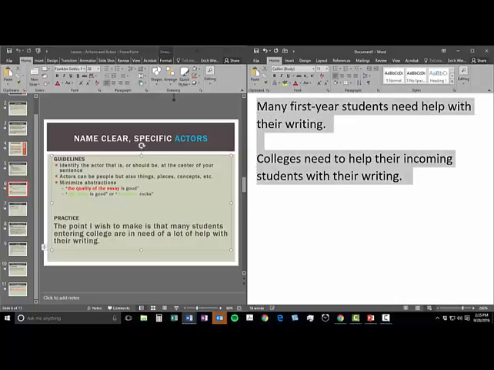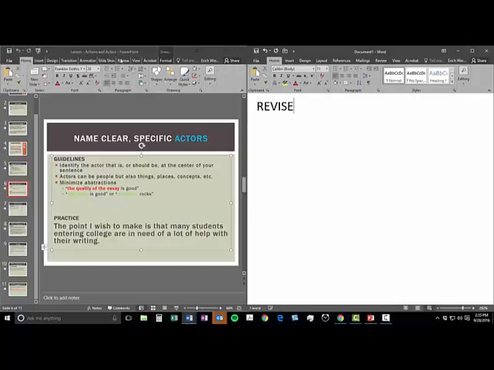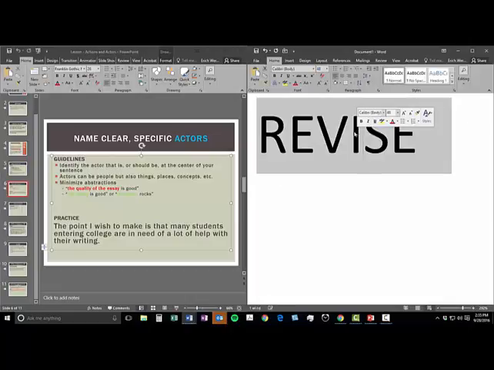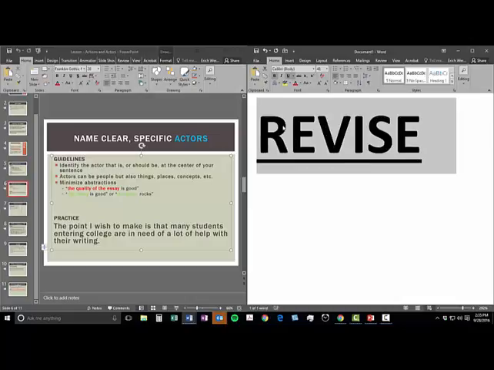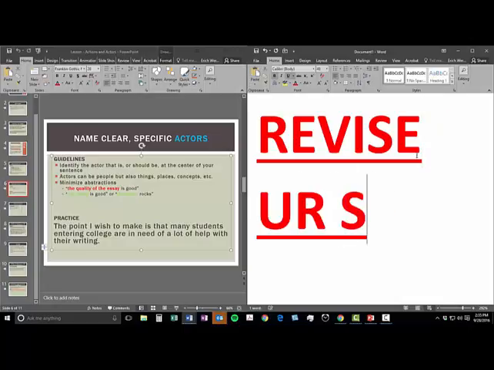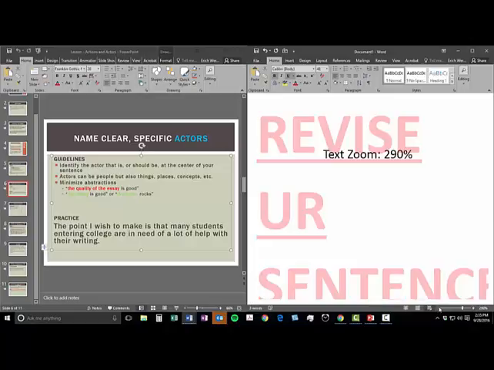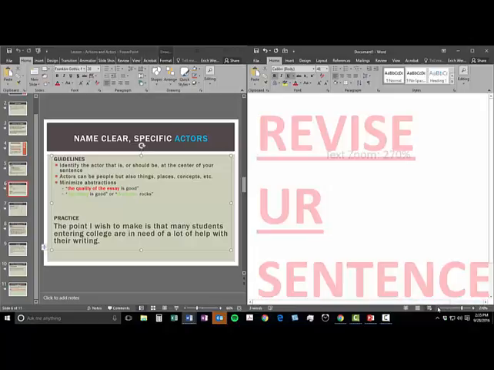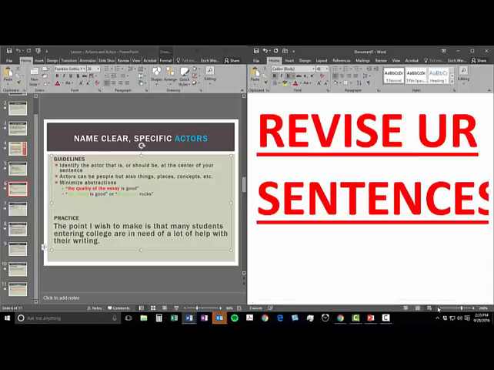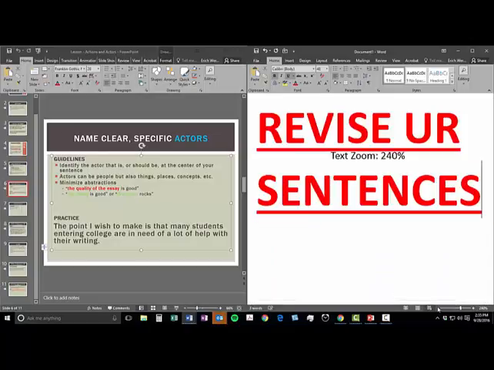But if there's one thing that you get out of this lesson, it's that you need to revise your sentences. Revise, revise, revise. Can I underline this and make it bold? And let's make it red. You need to revise your sentences, because otherwise what you come up with at first is almost never going to be perfect or even good.